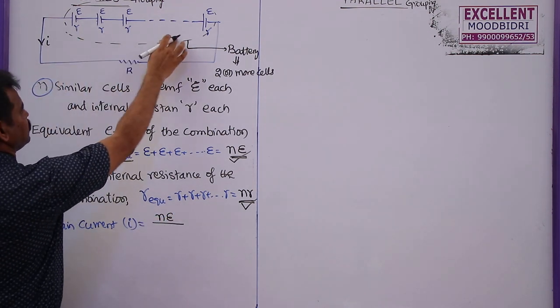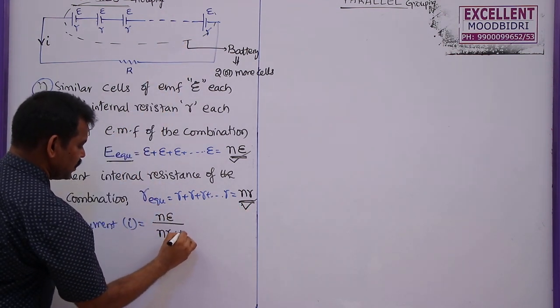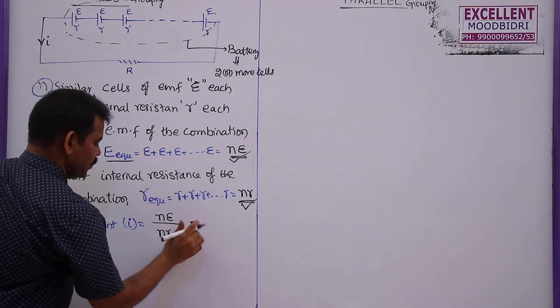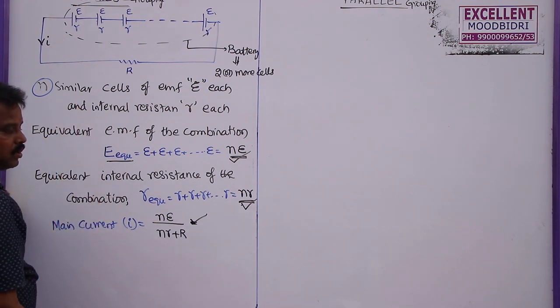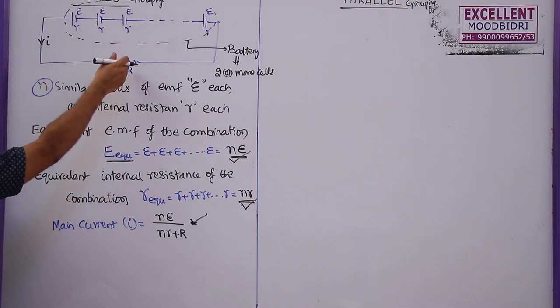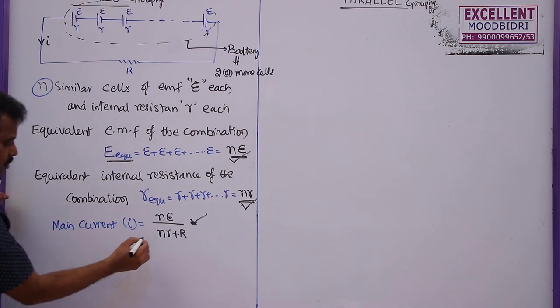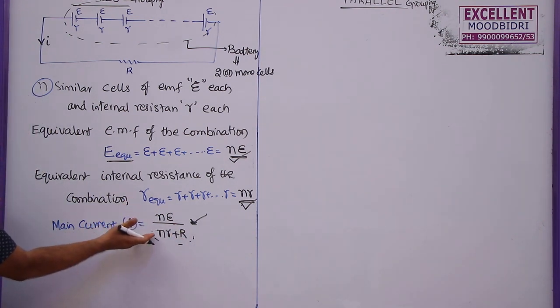The total internal resistance is nr, plus R. So this is the total main current of this circuit, or the current given by the battery to the external resistance. If you know the equivalent EMF and equivalent internal resistance, you can find the total EMF by total resistance, which gives the total current or main current.